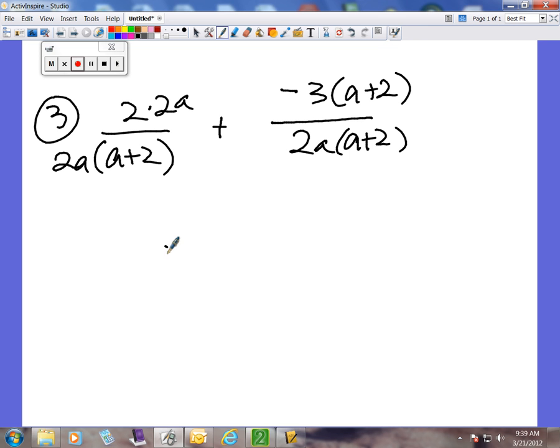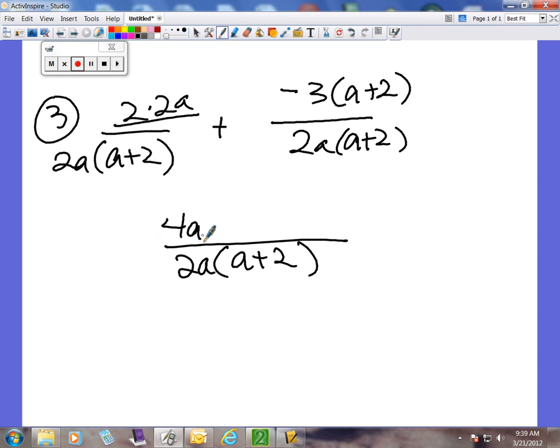Now, what's our common denominator? 2a, a plus 2. And let's simplify now. 2 times 2a is what? And what's between them? Plus. Distribute on the other one, what do we get? Negative 3a minus 6, right?